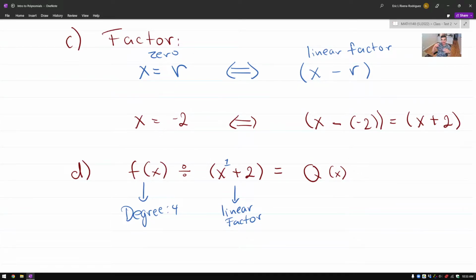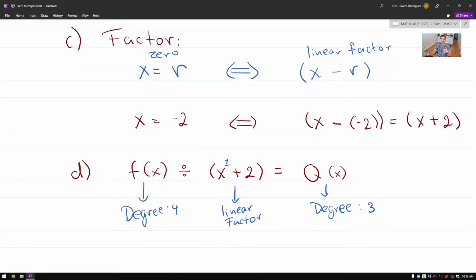So the higher the degree, the more complicated the polynomial. So when we divide now a degree of 4 by a degree of 1, the quotient is going to have a degree of 3. So we are going to get a new polynomial, which is going to be the quotient of the division, and the degree is going to be 1 less.